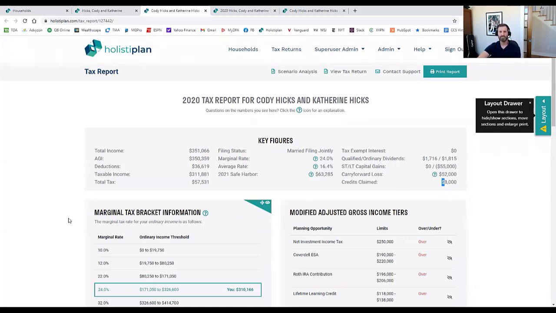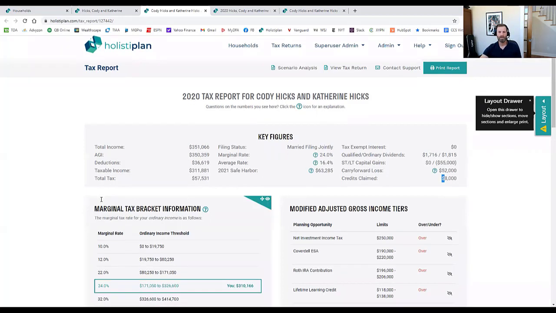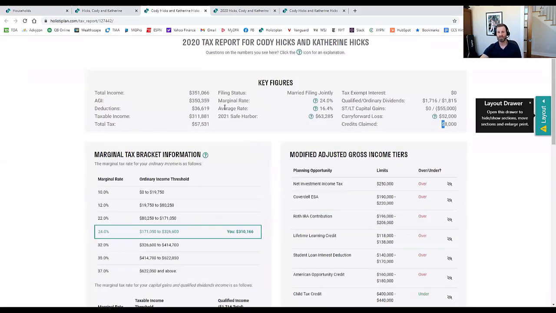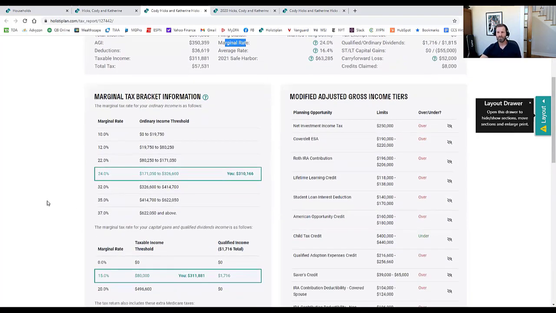So far, so good. If I'm telling the story to a particular client, I might go through these somewhat quickly, but spend a little more time, particularly as it relates to marginal rates, by jumping down here and saying, okay, marginal rates, we know as planners that there are two different ones. Here's your marginal rate for your ordinary income, which in this case is mostly salary and business income.